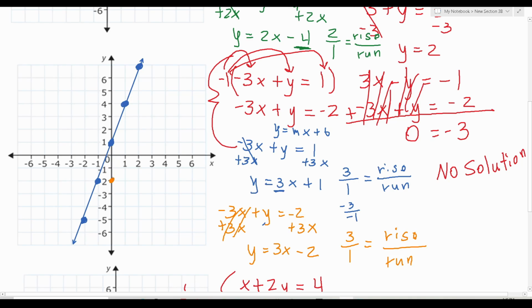So we're going to go up 3 over 1, up 3 over 1, and likewise we're going to go down 3 over 1. All right, let's go ahead and graph this line now.